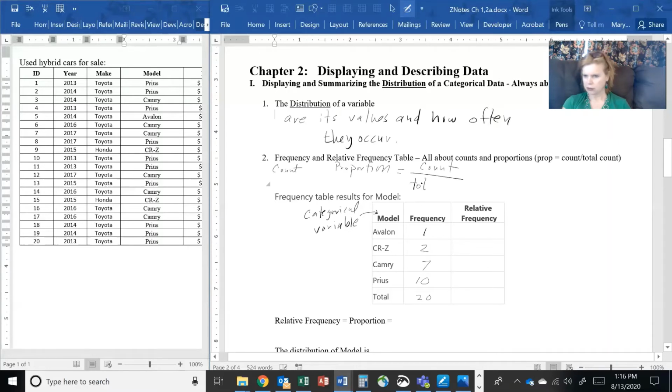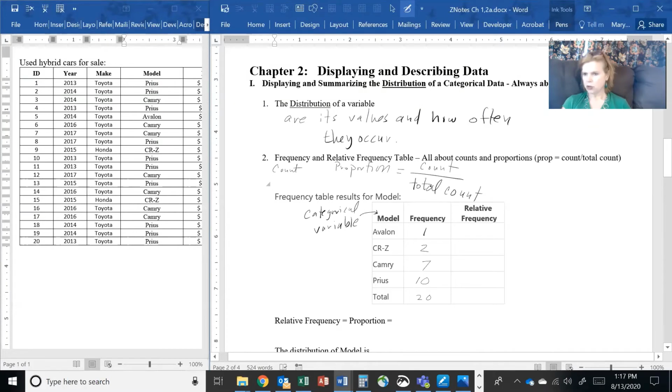Always. Every proportion is a count over a total count. So the smallest proportion, what's the smallest count that's possible of anything? And that would be 0. So the smallest proportion can be 0. There's no negative proportion. What's the biggest a count can be?